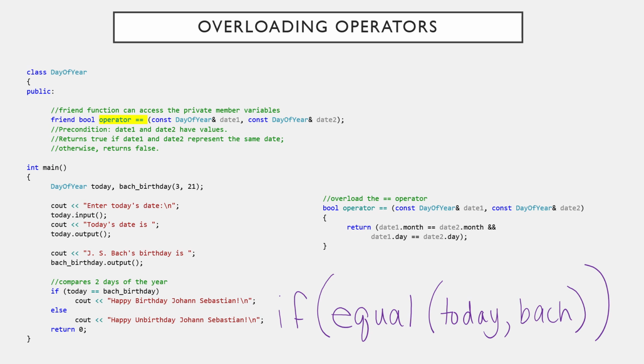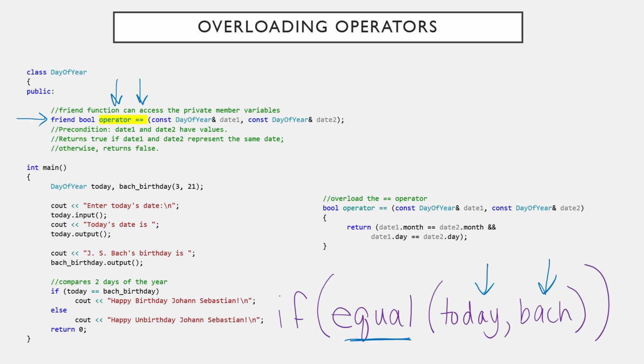So this would be the function call on the previous slide to the function called equal, and you pass it the two parameters.